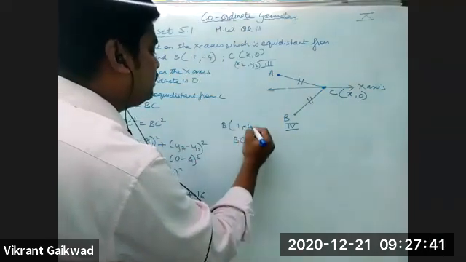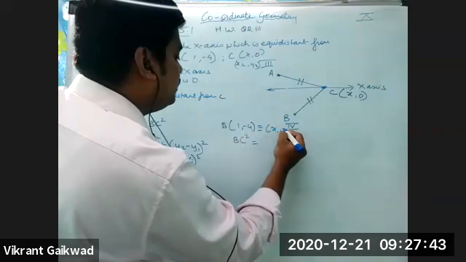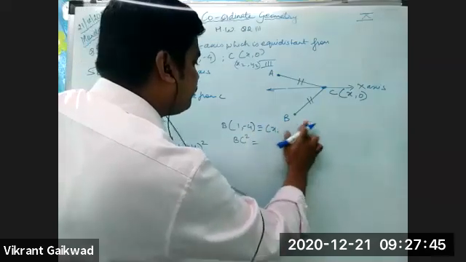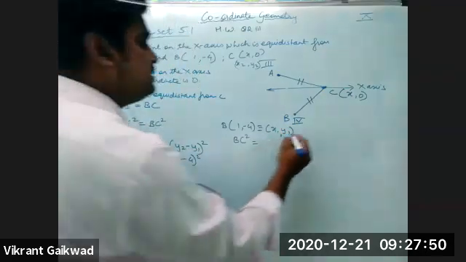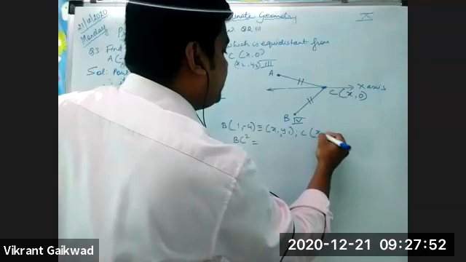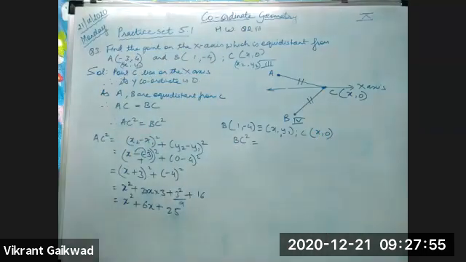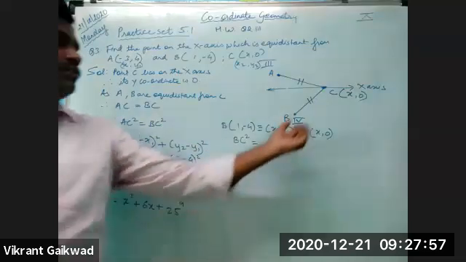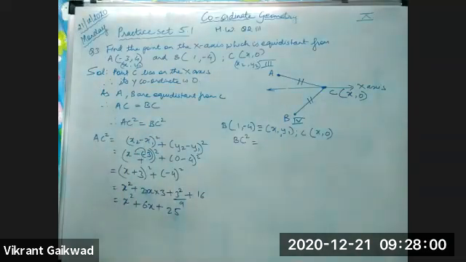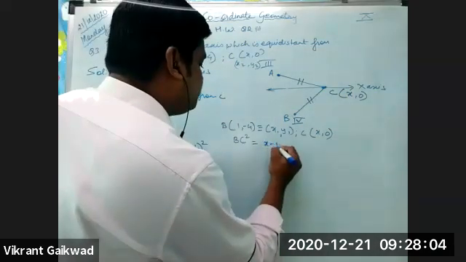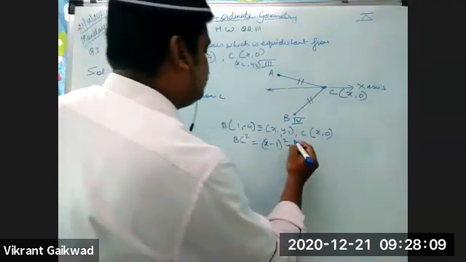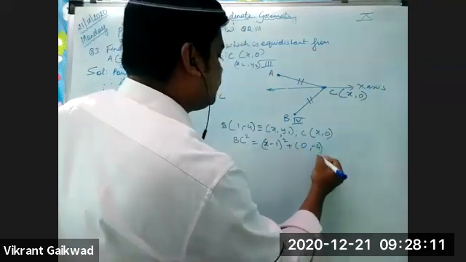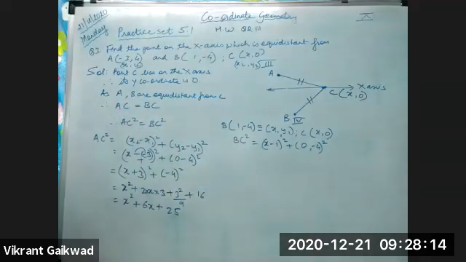Now see, B coordinates are 1 comma minus 4. So that would be equivalent to x1, y1, and C would be x comma 0. So to find the value of BC square, BC square would be x minus 1 the whole square plus 0 minus 4 the whole square.